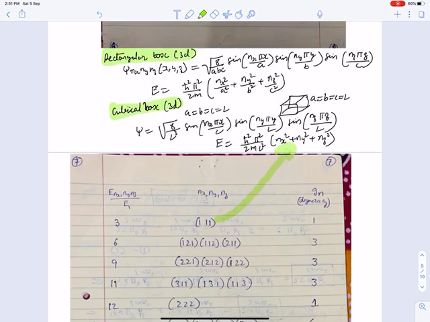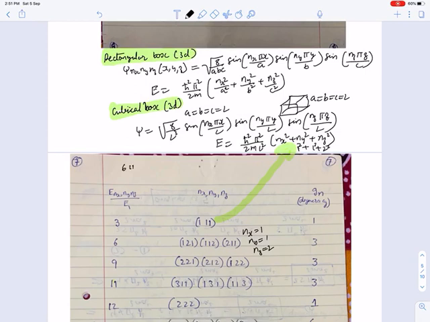Now when I put nx equal to 1, ny equal to 1 and nz equal to 2, the energy state becomes 1 plus 1 plus 2 squared, that is 1 plus 1 plus 4, which is 6.